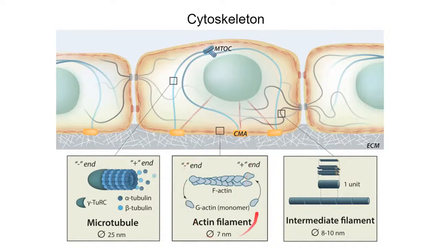There's a very small one called an actin filament. There's a very large one called the microtubule, and that MTOC comes from here. MTOC stands for microtubule organizing center. So this is like the father of the microtubules, right? So actin, very small, microtubule, very large, intermediate, like the word says, in the middle of both of them, right?